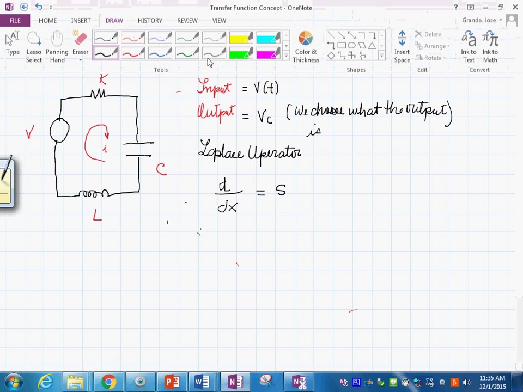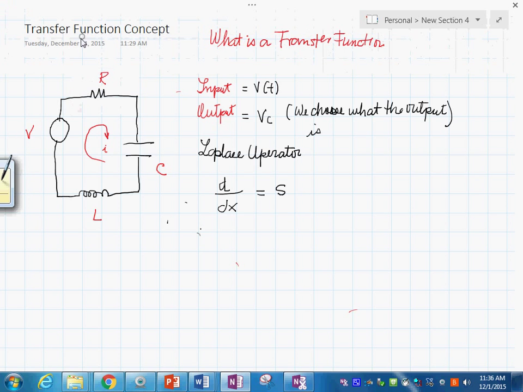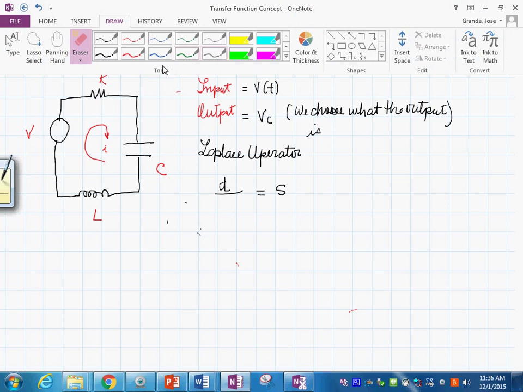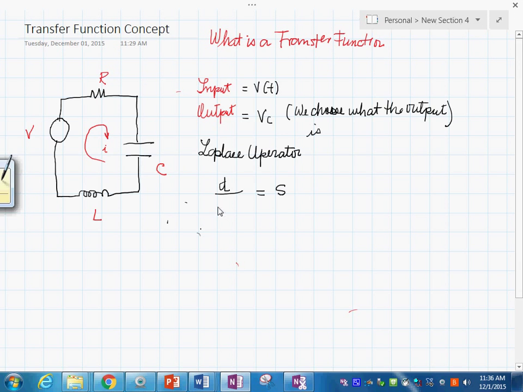So d dt is s. It follows that if you have dx dt, this should be equal to s times x of s.